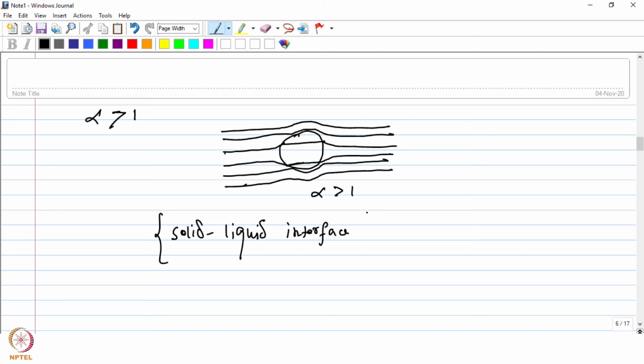So the solid liquid interface follows the isotherms of the melting point. So it is assumed that the solid liquid interface follows the isotherm for the melting point of the matrix material.